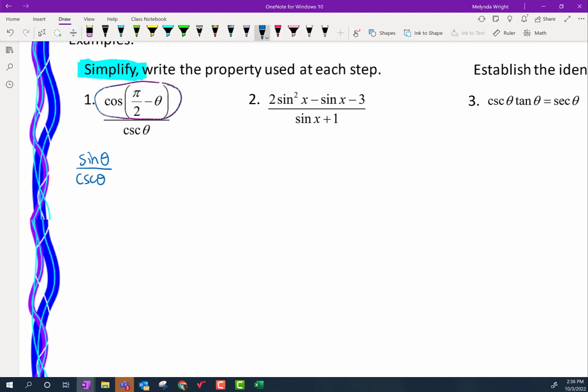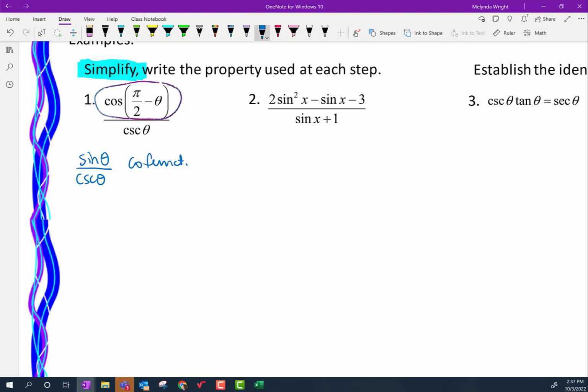We're going to put the denominator there, and by the side we're going to write cofunction. That's the reason we did what we did. You really need to give me the reason that you're doing what you're doing for a lot of different reasons. That really helps solidify the step in your mind, and it also helps me follow your work.